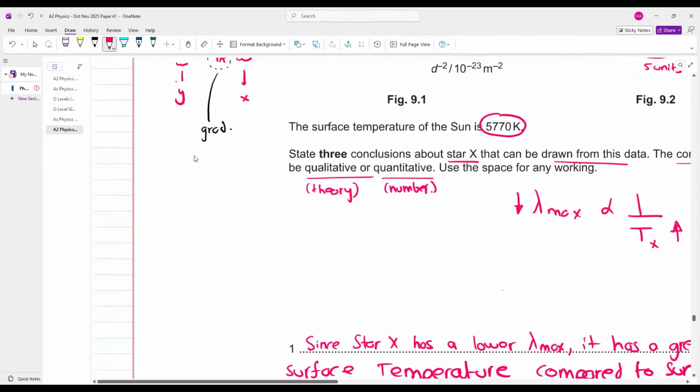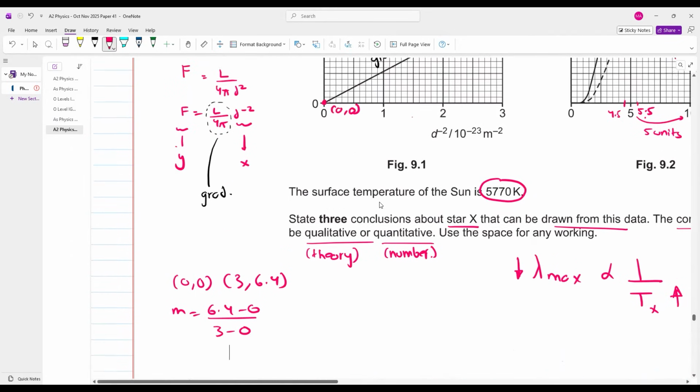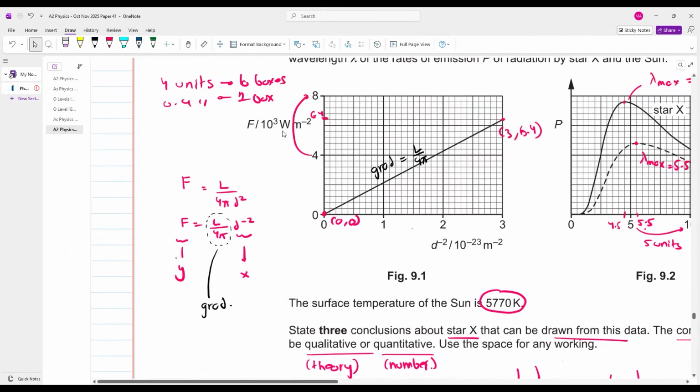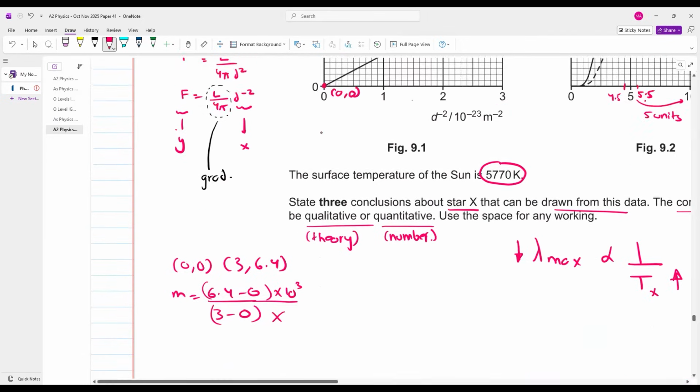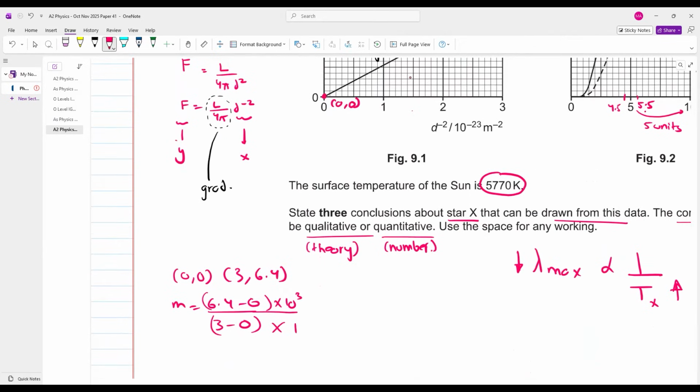Okay, so how about if we calculate the gradient? 0, 0, 3, 6.4. You calculate the gradient: y2 minus y1 over x2 minus x1. What are the units on the y-axis? 10 raised to the power of 3. What are the units on the x-axis? 10 raised to the power of minus 23.